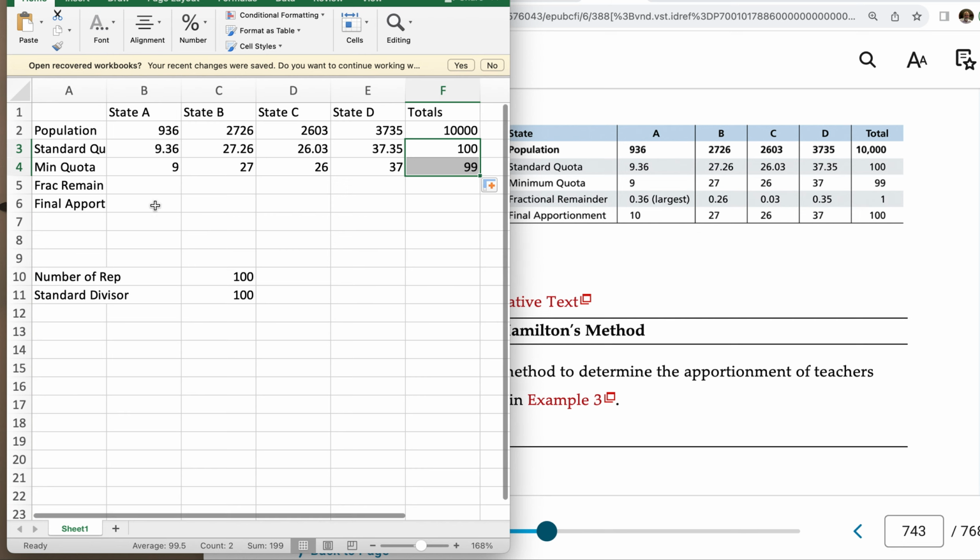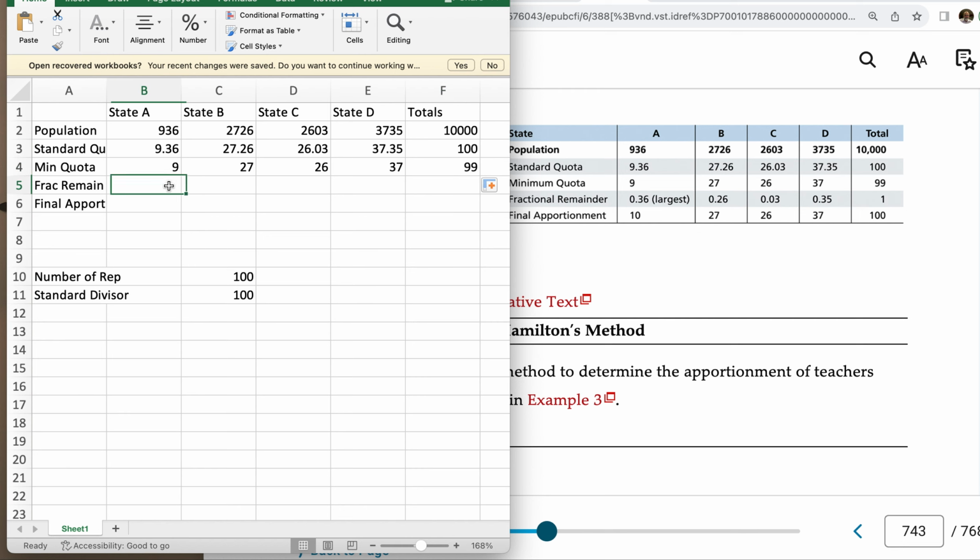So my decimal remainders we can get by just subtracting that from that. So I'm going to say it's a formula, so it's going to equal this box minus this box. And that says I got that fraction of a representative that this state is short.